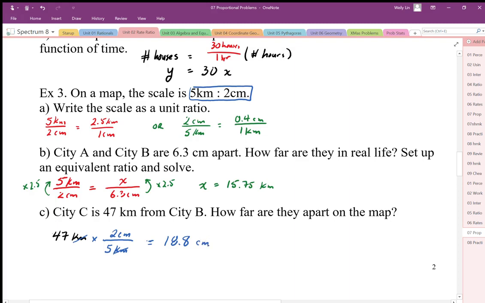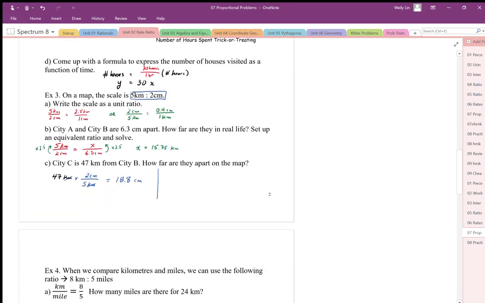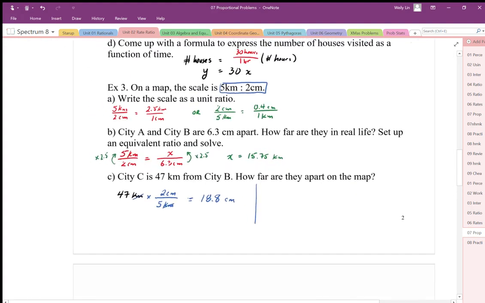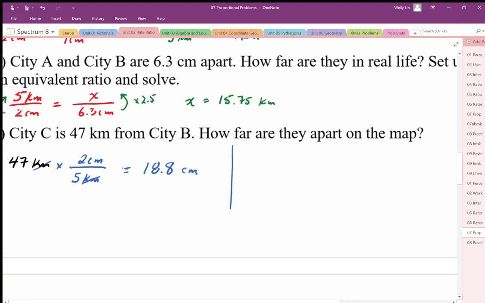Okay, so this is how we can use unit analysis, or our times divide method, to solve the problem instead of setting up a proportion. Mind you, if we get stuck, we could always set this up as a proportion. It's a proportional problem. We can always set this up as a proportional problem. We have our map distance, 2 centimeters to 5 kilometers.